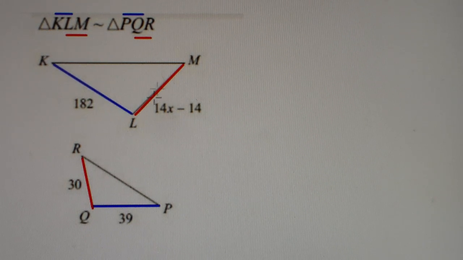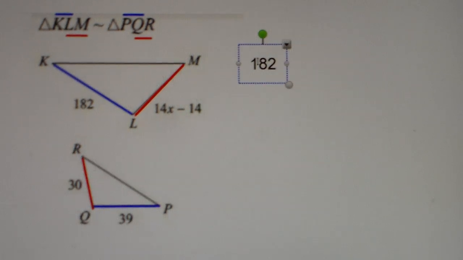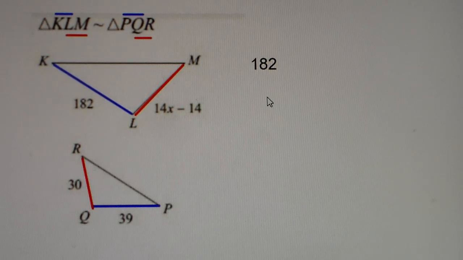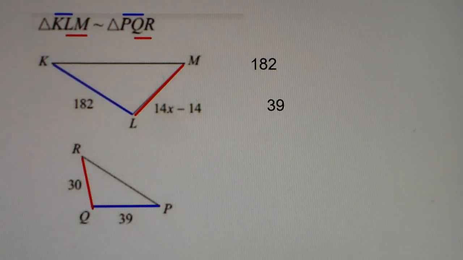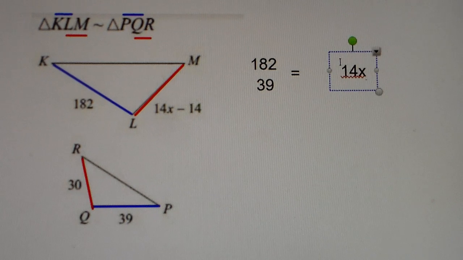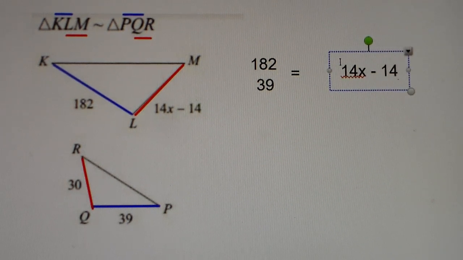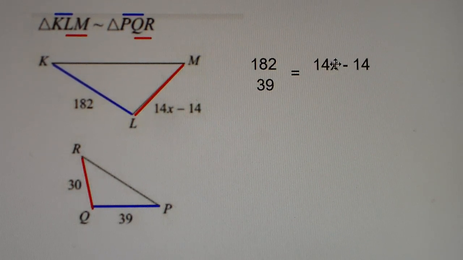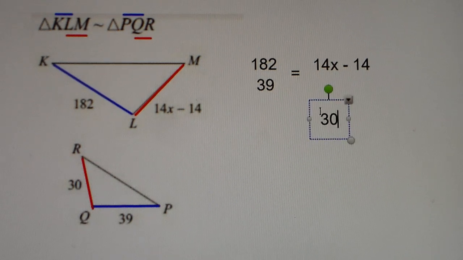Our goal now is to set up the proportion. The blue over the blue is equal to the red over the red. So 182 over 39, blue over blue, is equal to red over red. So 14x minus 14 over 30.